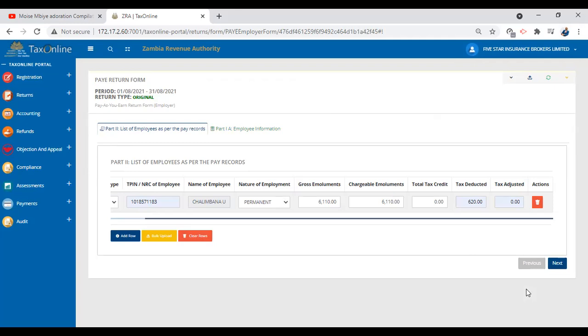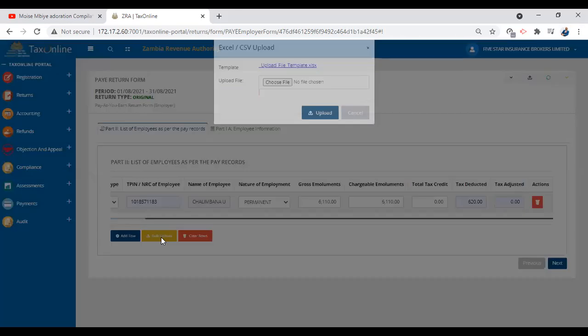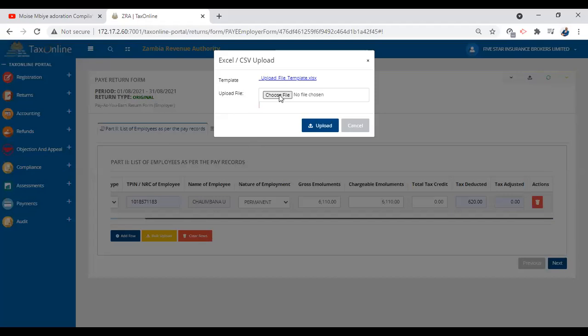So what you do is, on your side, you will have a schedule which you will begin preparing maybe from the 15th of the month before the payday. You'll be entering information slowly. So what you need to do is go to where it says bulk upload. Bulk upload, you choose the upload file.